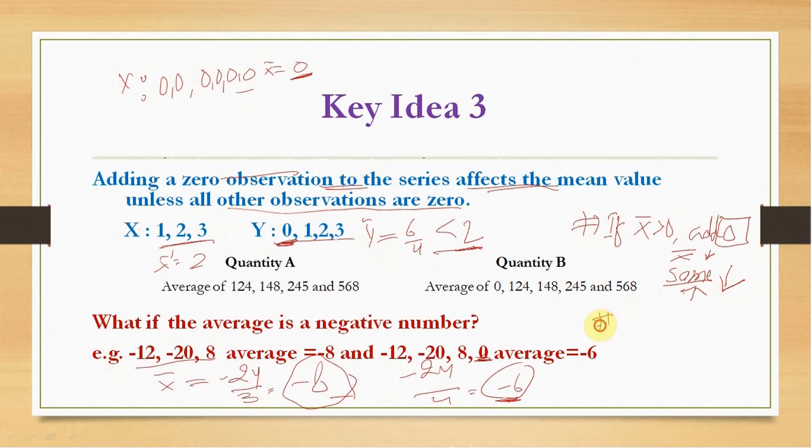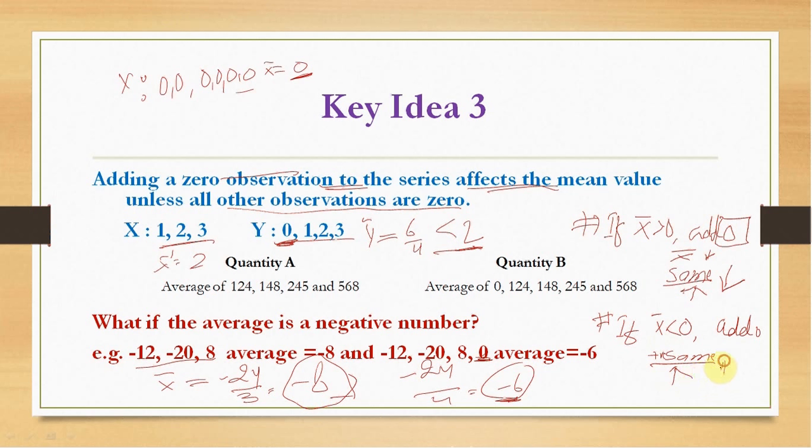And if x bar is negative, then you add 0 and the same negative number will be divided by a larger or higher integer.